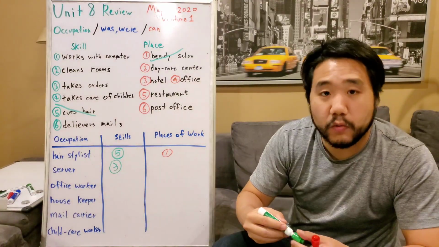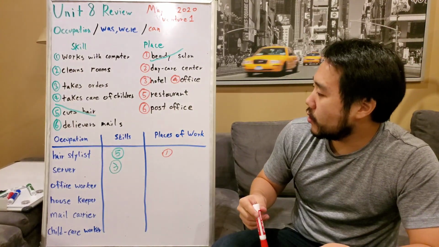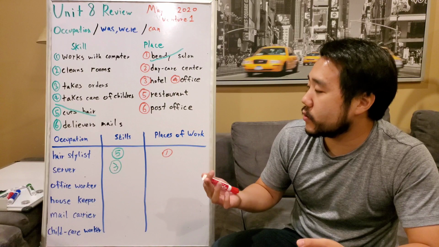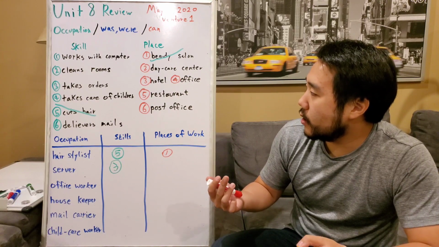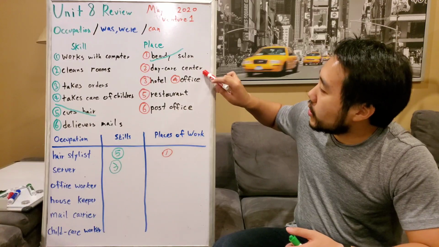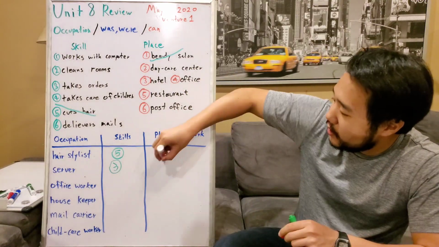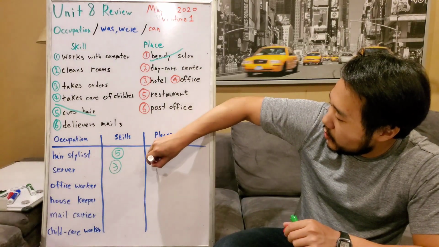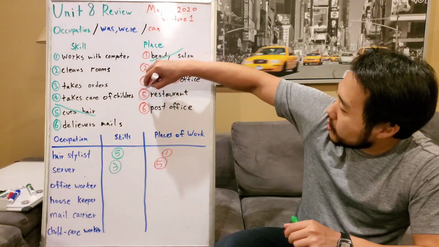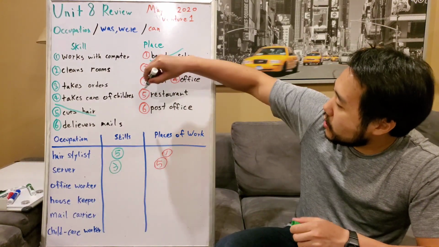And where do they usually work? They usually work at a restaurant. Oh no, it is a restaurant, sorry. So let's go over daycare center, hotel, office, restaurant. Number 5. So that's the answer. We can cross this out.